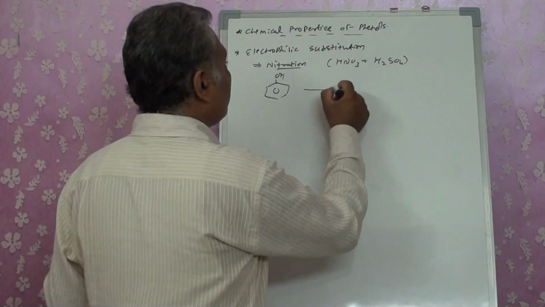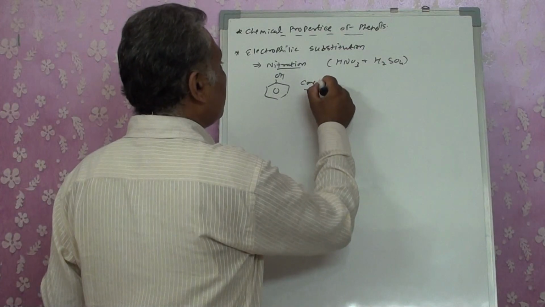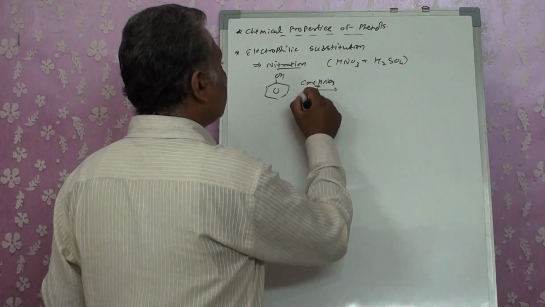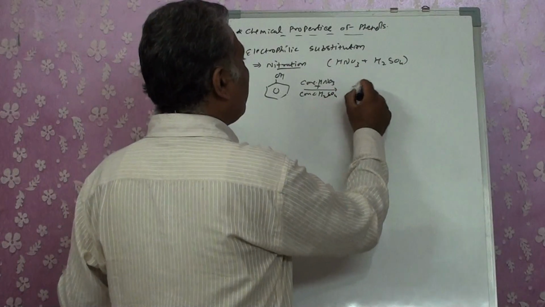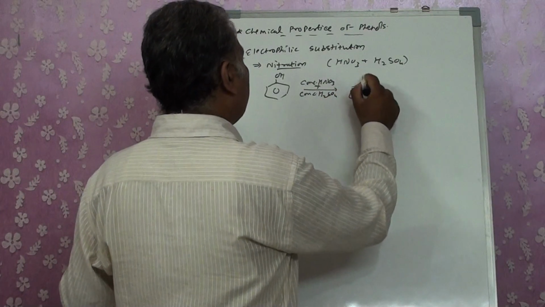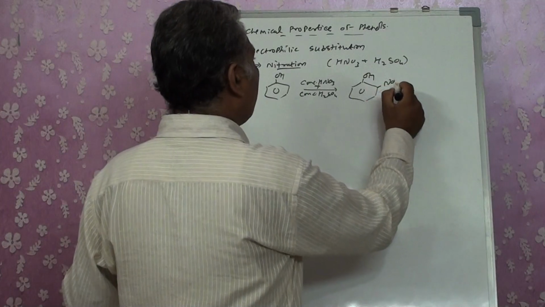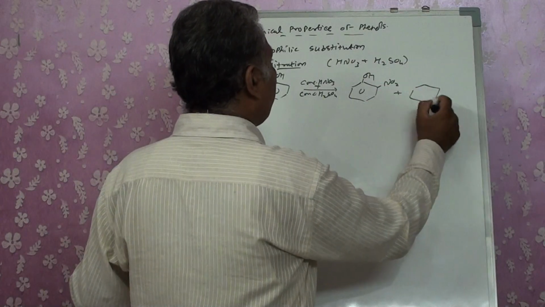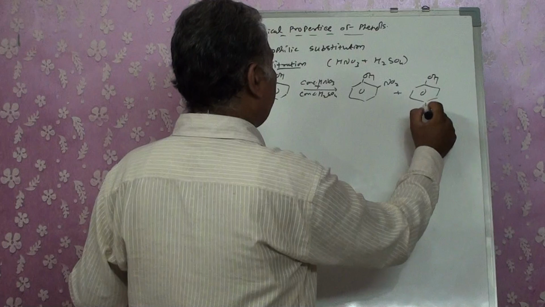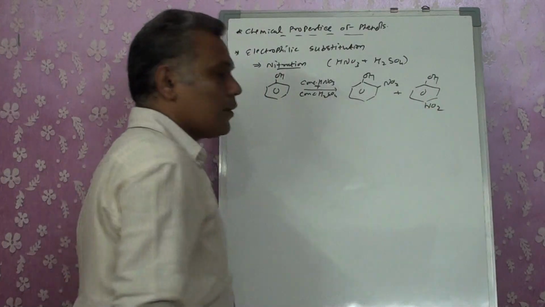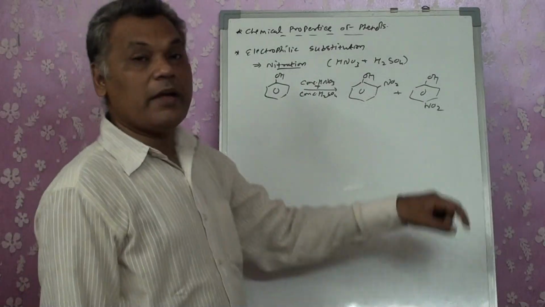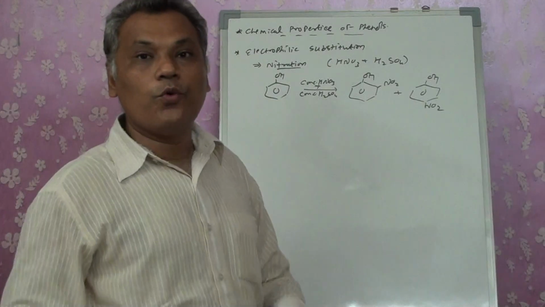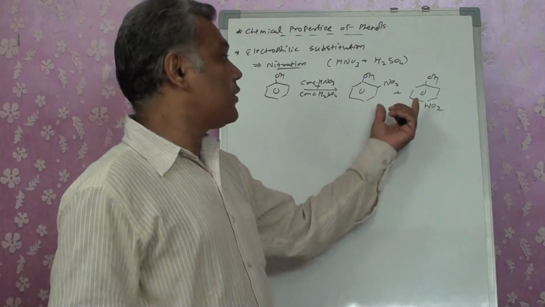So the reaction with concentrated HNO3 plus concentrated H2SO4 is going to give us orthonitrophenol plus paranitrophenol, right? But at the same time the ring is becoming more reactive, so more reactivity is increased in this compound.